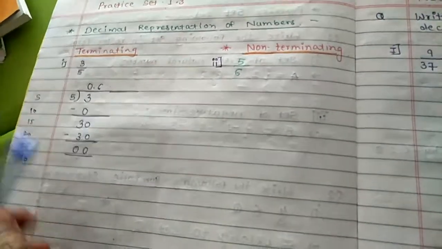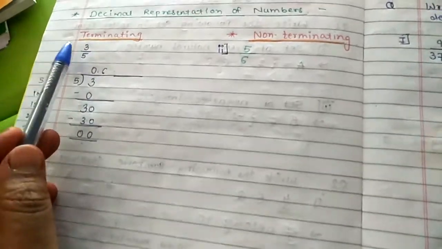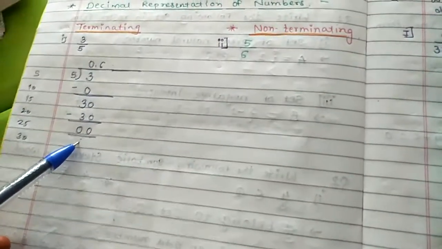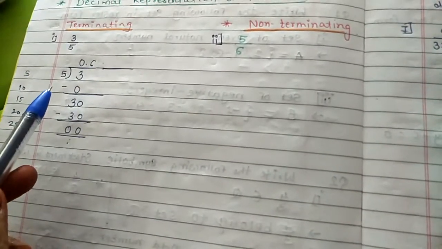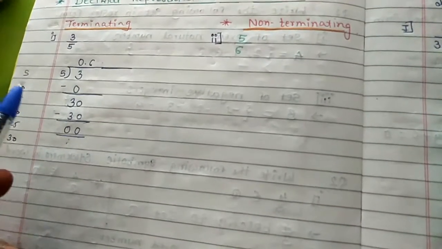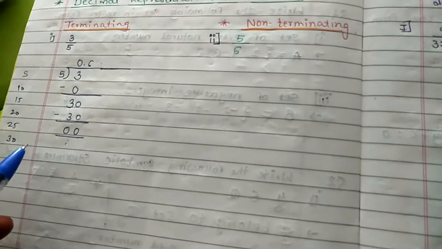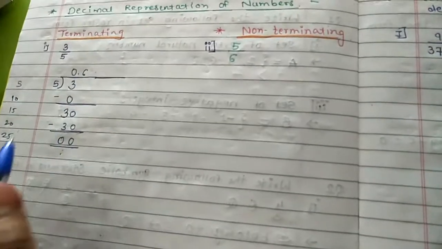So when we carry out the division of rational numbers and if the remainder we are getting is 0, then such a rational number is said to be the terminating form of the rational number, we can say the terminating decimal form. So here this is the terminating decimal. So the terminating decimal form of this number 3 upon 5, how are we going to write it in the form of decimal numbers?